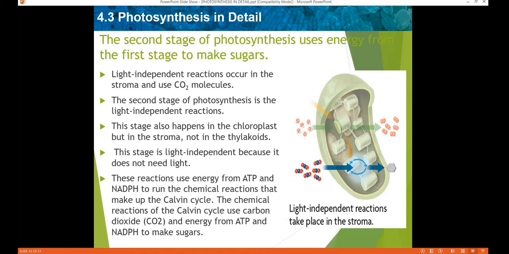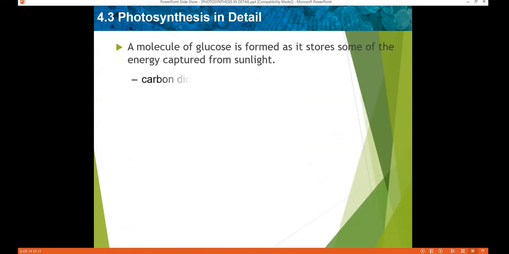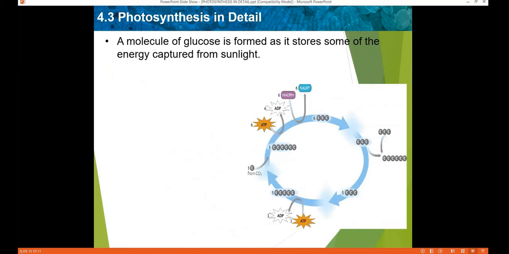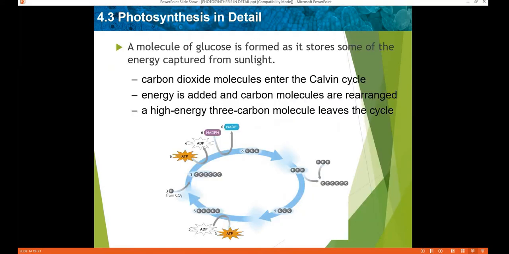The chemical reactions of the Calvin cycle use carbon dioxide and energy from ATP and NADPH to make sugars. So these are the various steps which take place in the Calvin cycle. A molecule of glucose is formed as it stores some of the energy captured from the sunlight. So we'll discuss the various steps involved in the Calvin cycle, inshallah, in our next lesson.